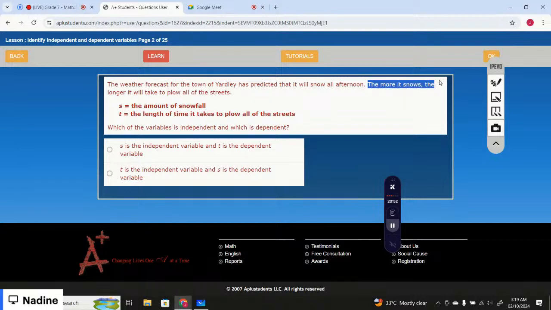If you have more snow, you have more streets to clear. If you have less snow, then you have less to plow. That means S, snowfall, is the independent variable, but T is the dependent variable. Option number one is the correct option.